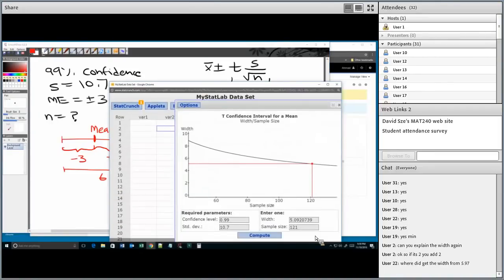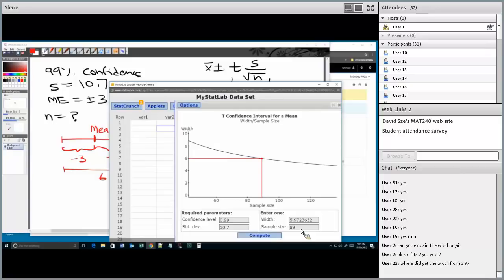Well, what it does is, let me just do this again. The algorithm it's using to find the sample size is an algorithm that is trying to converge to a value.